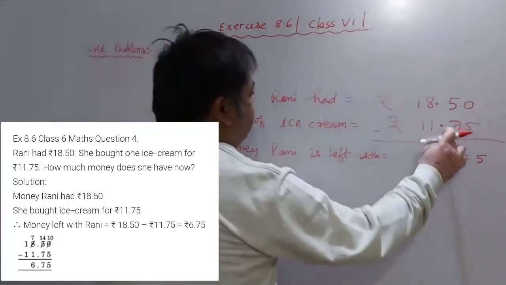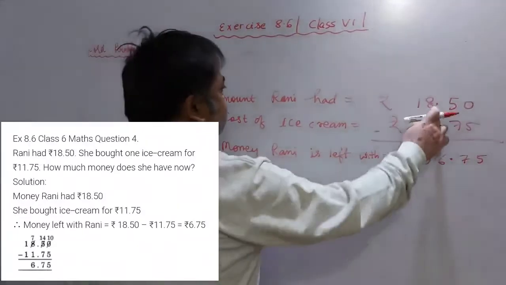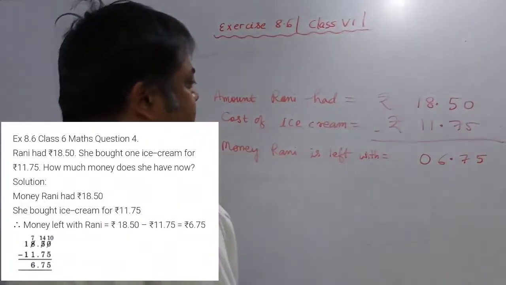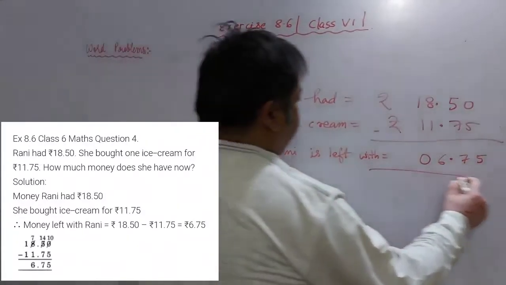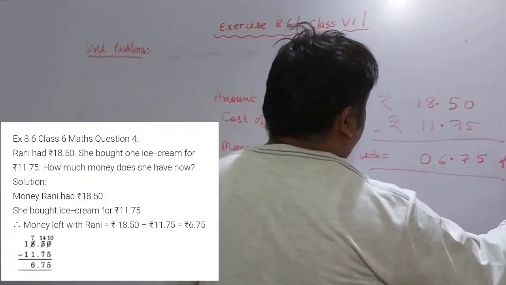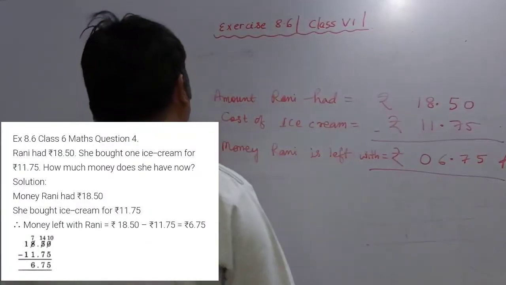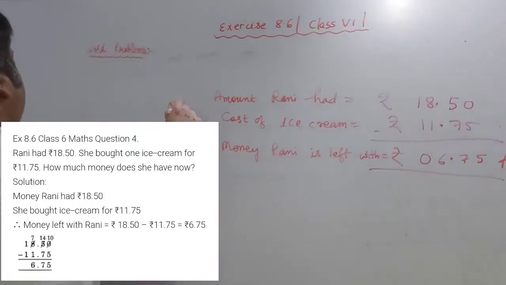So if we add this and this, then we should get this amount. So you can check it. This will be the answer. This was question number 4.